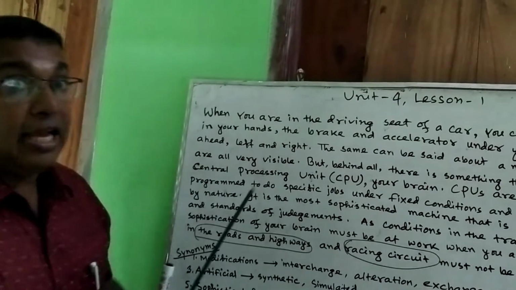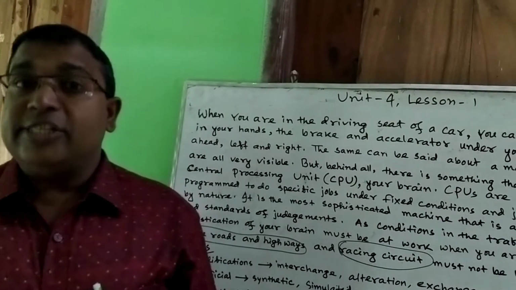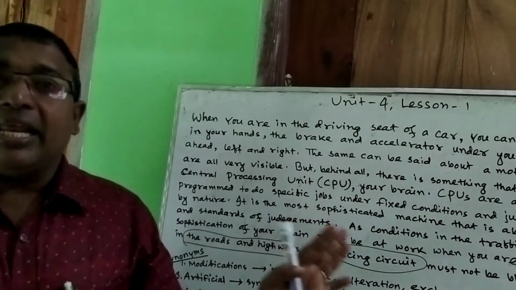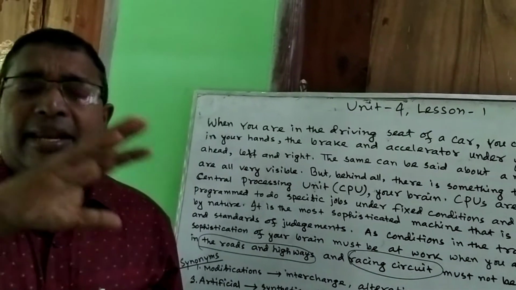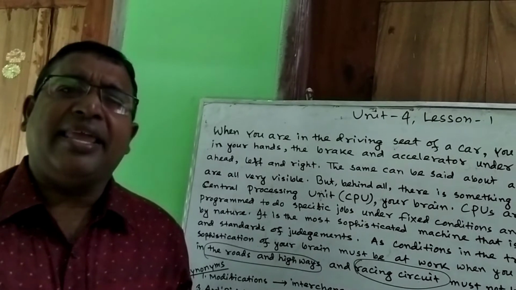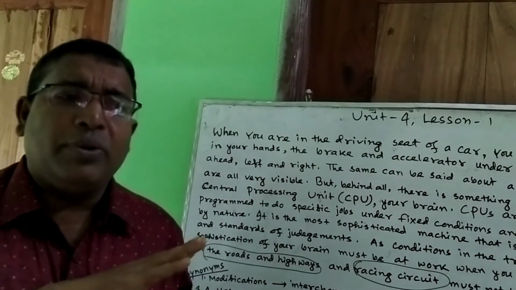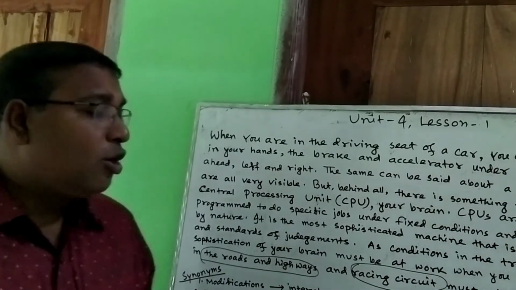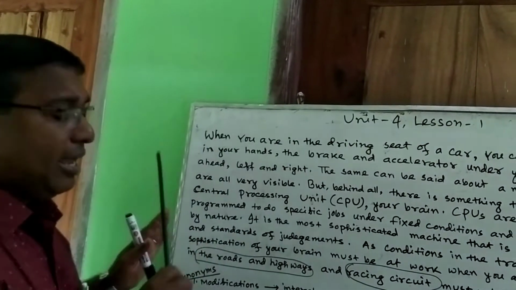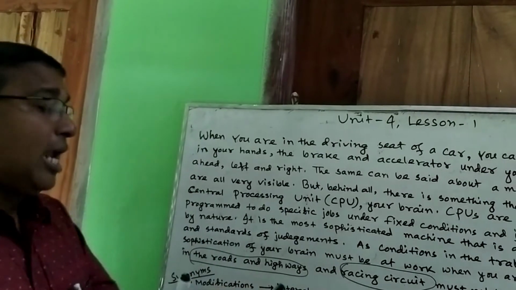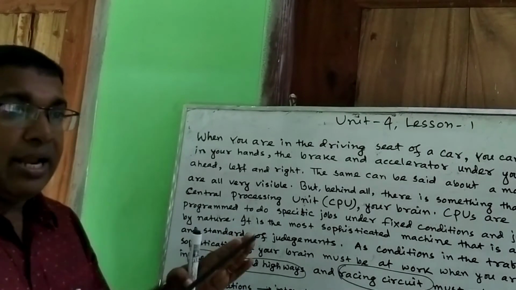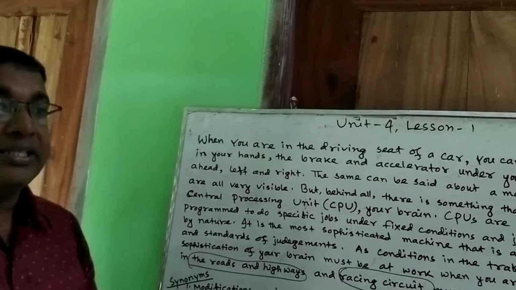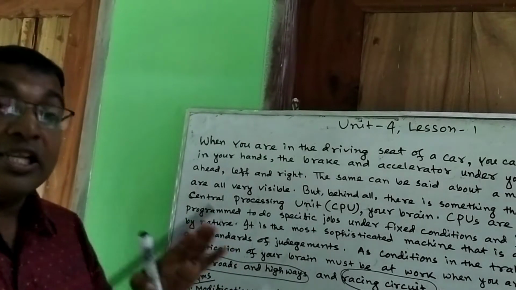And here a driver need not encounter any other vehicles, but on the roads and highways there are so many vehicles and pedestrians, passers-by, and even a driver may find some animals roaming on the road, and he must drive while handling all those hazardous troubles.